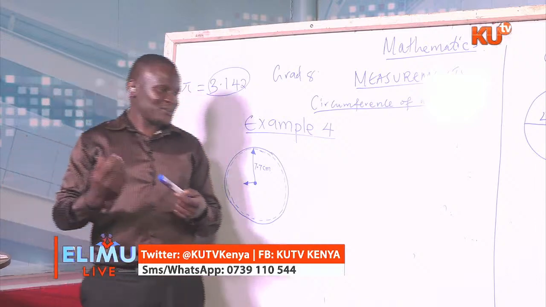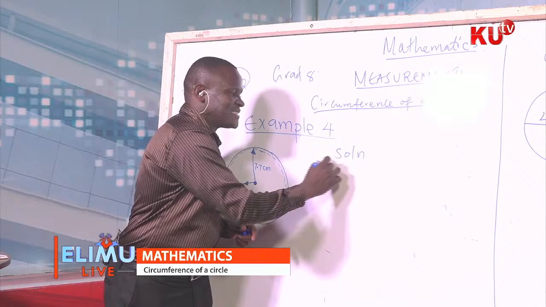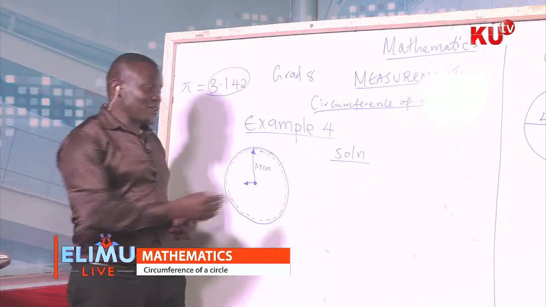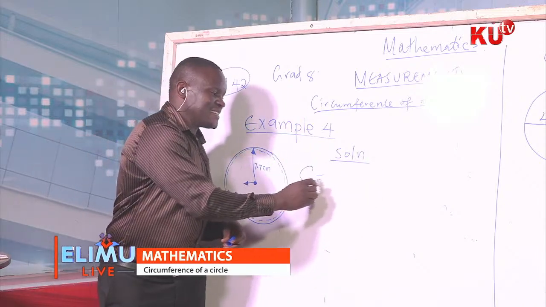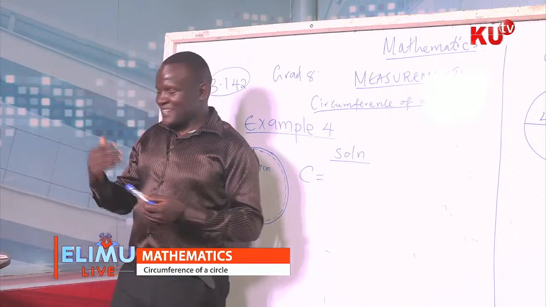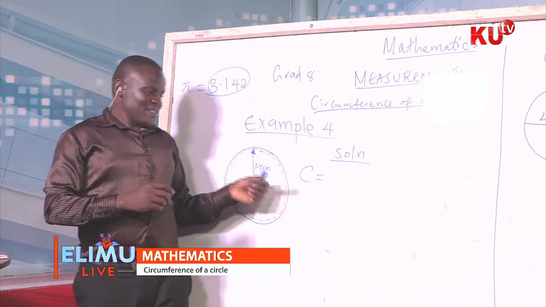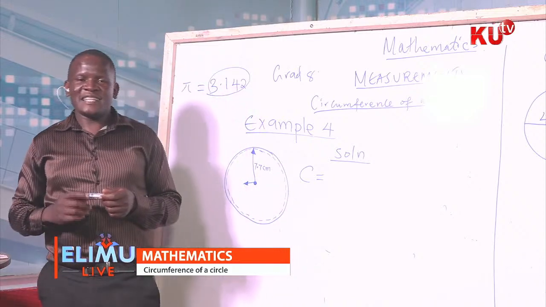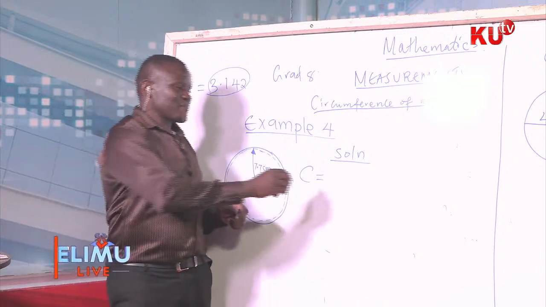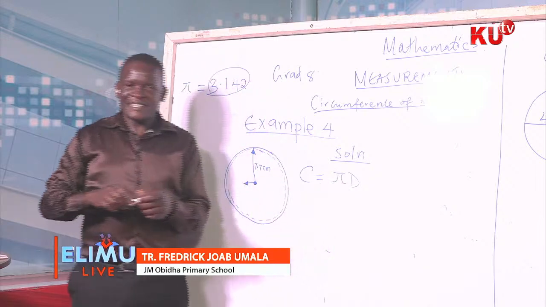What are they asking us to get? They are asking us to find the circumference, in other words. Because earlier on, I said that circumference is the distance around the curved part, or the distance around a circle. Our formula for finding the circumference of a circle is given as pi d.